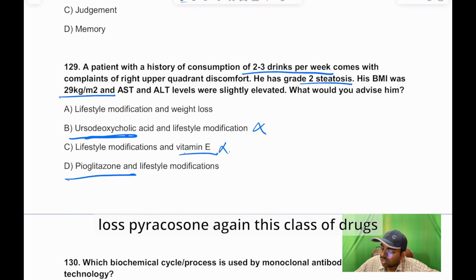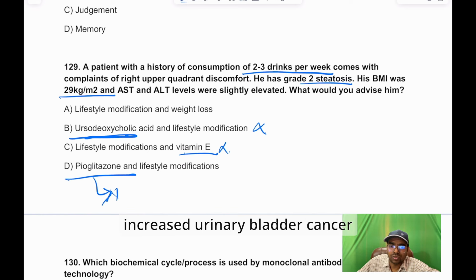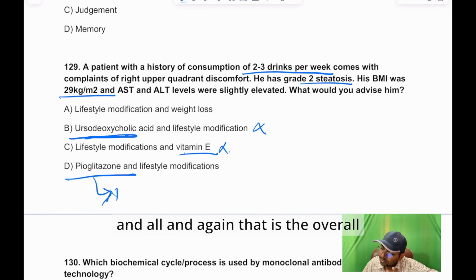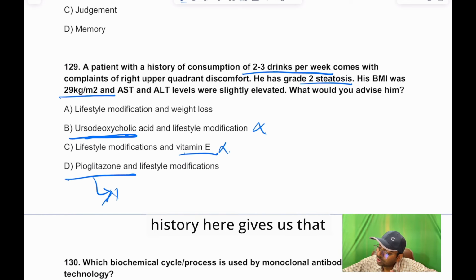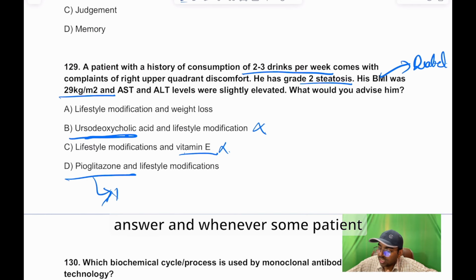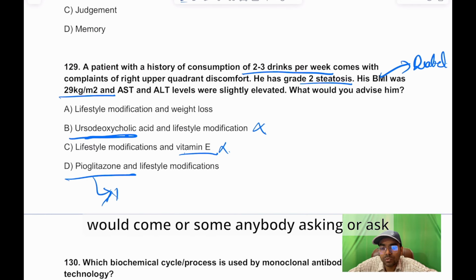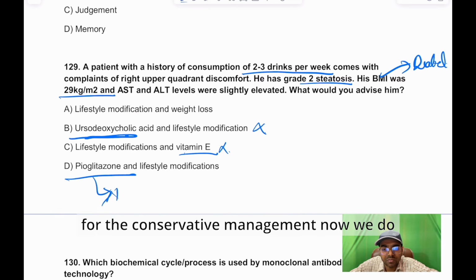Pioglitazone, again this class of drug is associated with increased urinary bladder cancer and all, and again that is the oral hypoglycemic agent, and none of the history here gives us that he is diabetic. Just by eliminating out, you are reaching the answer. And whenever some patient comes or anybody asks in our locality, what will we answer? We first go for the conservative management.